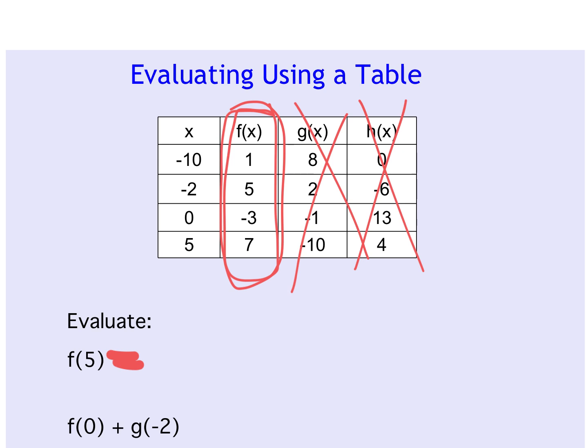Okay. Now, which one is 5? But be careful. I know you're going to think it's this one, but that's f of x is 5. I want f of 5. So then that goes back to, did I tell you x when I said f of 5? Yes, I did. I told you x was 5. See, that's where x lives.